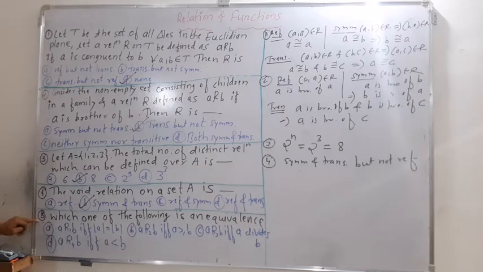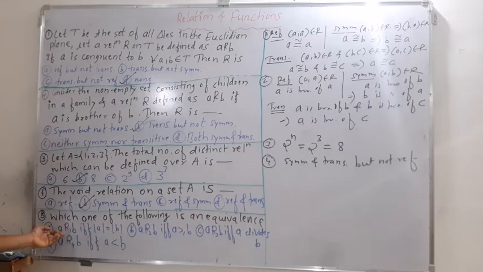Okay, fifth question. Which one of the following is an equivalence relation? Okay, then the options are, see, they have given some different relations. R1 is given, R2 is given, R3 is given and R4 is given.